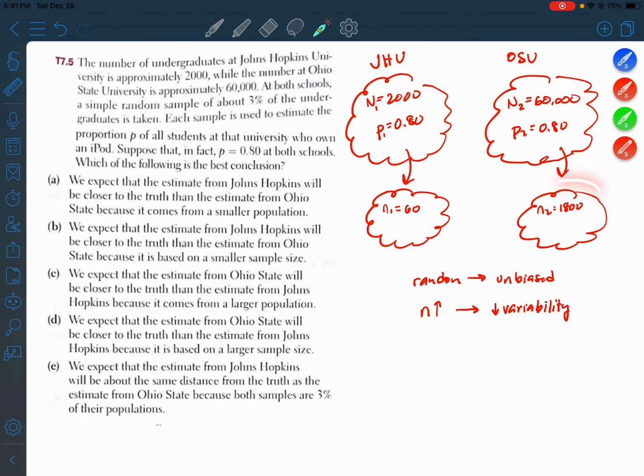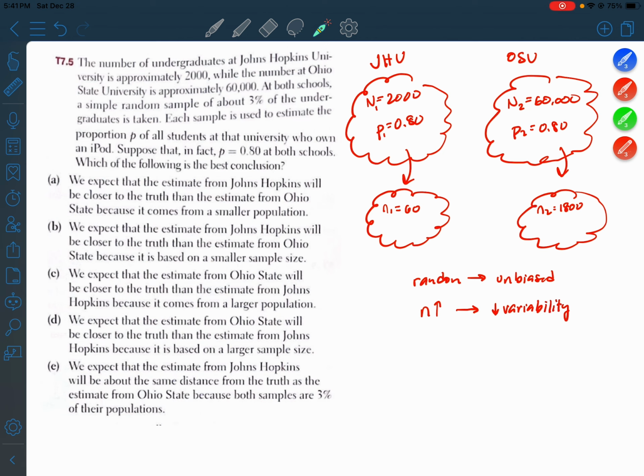So the Ohio State sample is much larger, so whatever estimate we get should be closer to the truth than whatever estimate we get from the smaller sample. That one will be farther from the truth, right? So we expect this sample to do a better job at estimating the true proportion 80%.